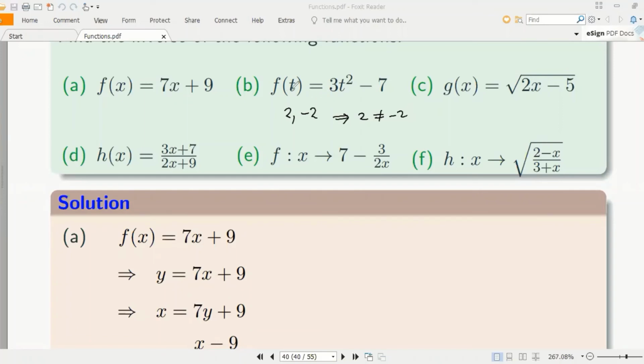What is the image? So f of 2, what will f of 2 be? It will be 3 times 2 squared minus 7.